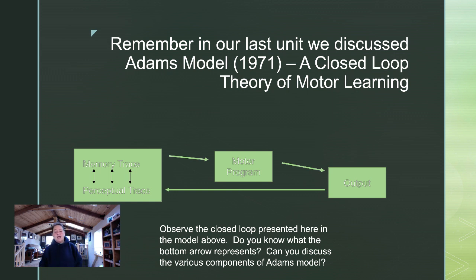So notice I ask you a question here. Can you tell me what this arrow represents? Going from output back into the system. In other words, what is the perceptual trace?